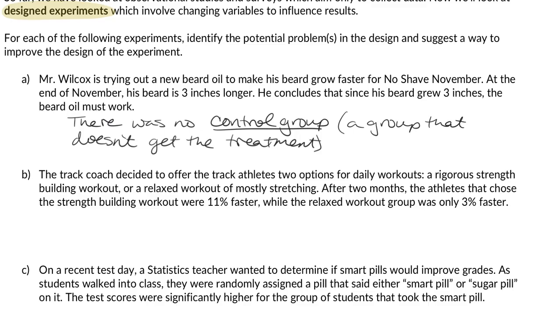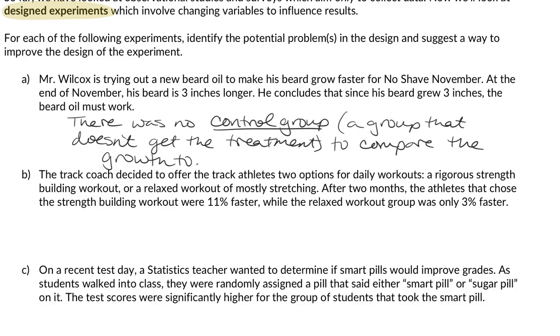There's no control group, which is a group that doesn't get the treatment to compare the growth to. So if we wanted to fix this study, we could try a month with no oil to see how much the beard grew, and a month with oil to see if it grew more. That would have a control, aka 2 levels of treatment.